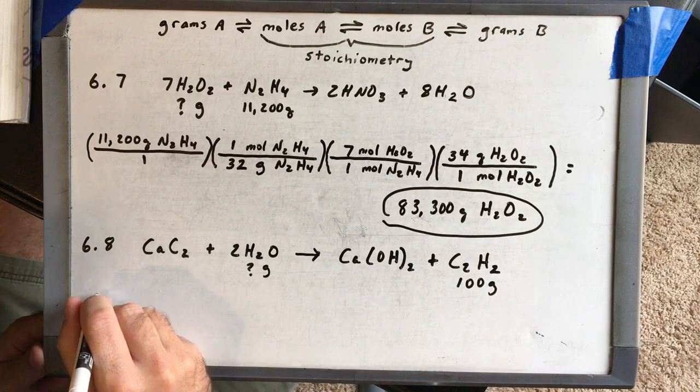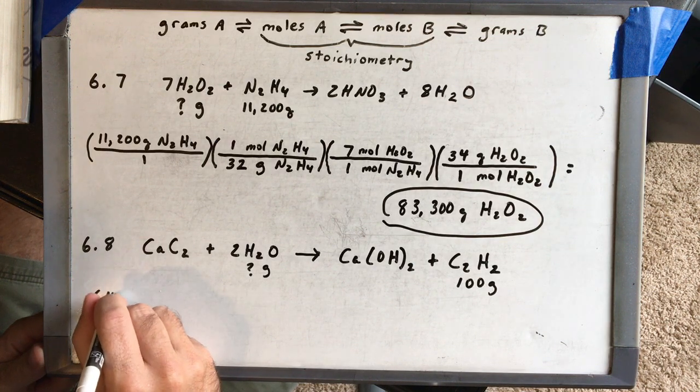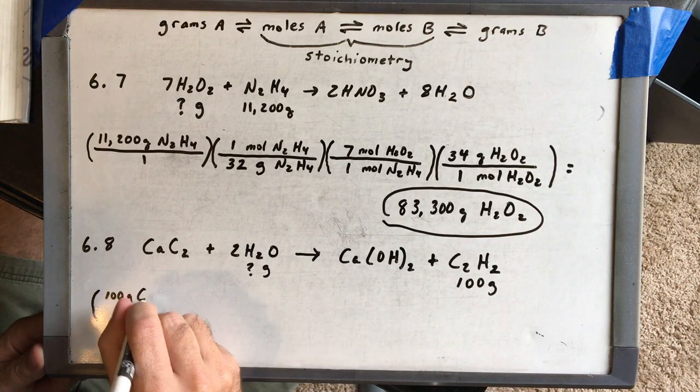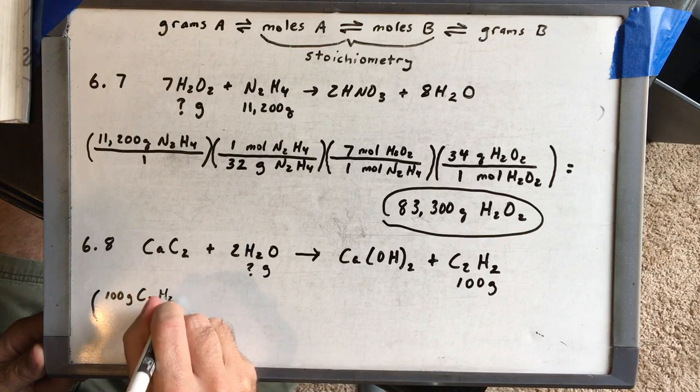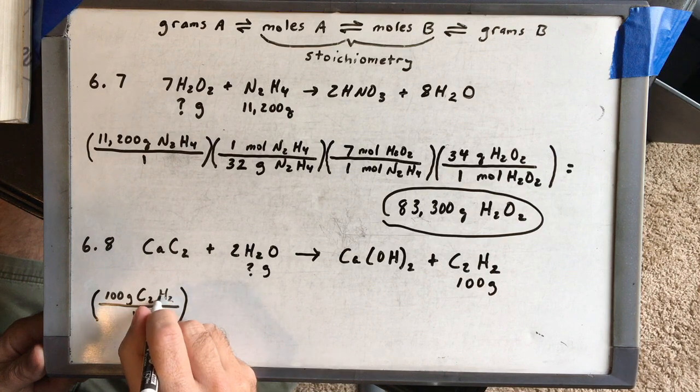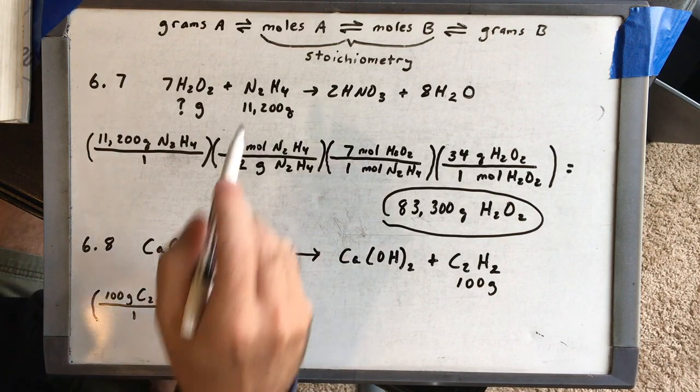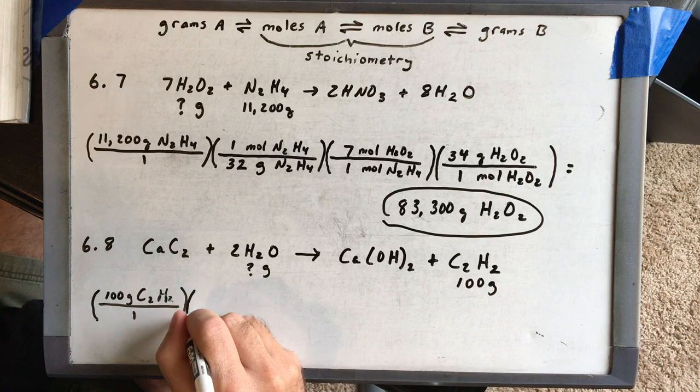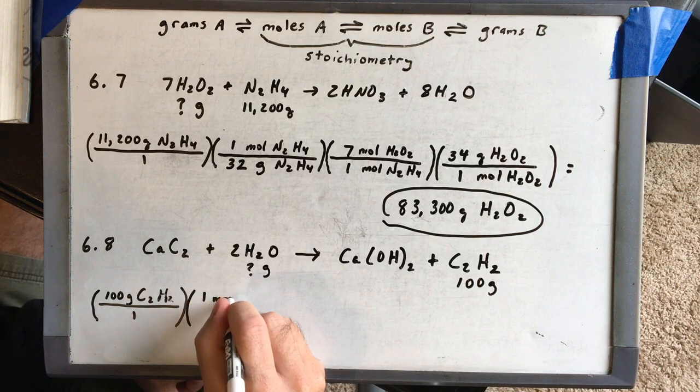All right, so let's start over at the far left, 100 grams of C2H2. Put it over 1. We have to convert that to moles of C2H2, so I know the 1 goes by the mole.